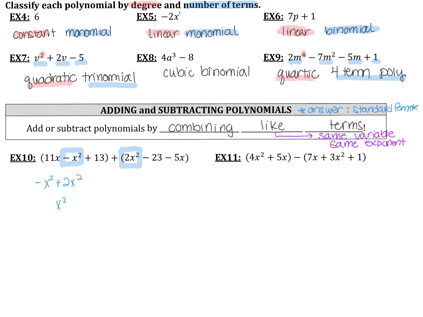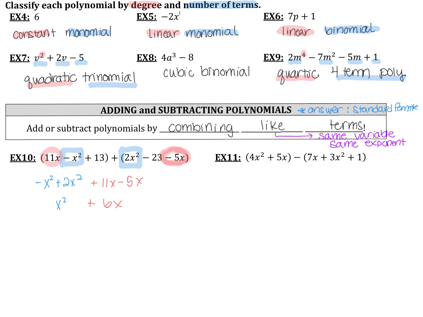The next thing I'm going to look at is my 11x with my negative 5x. Adding like terms, that's going to give me positive 6x.